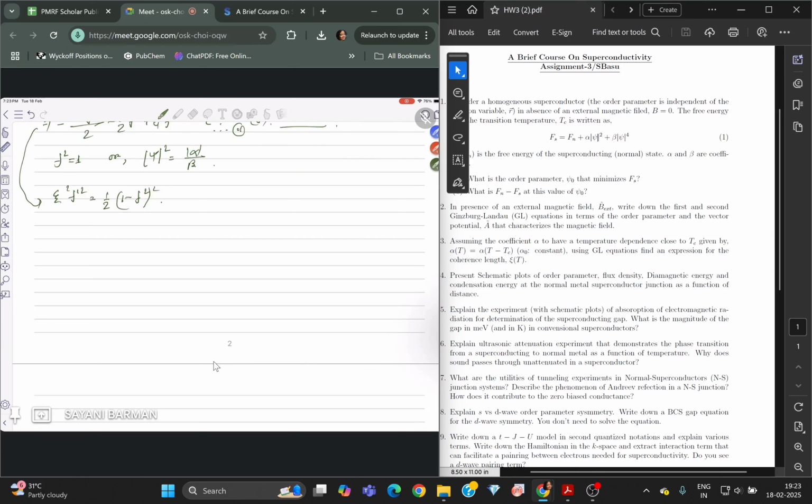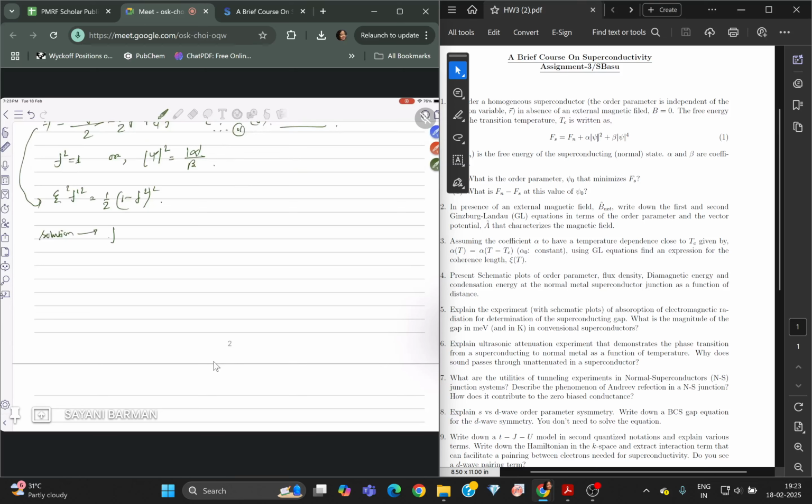So they have asked, using the GL equations, find an expression for the coherence length. Now, the solution of this is also done, I guess.